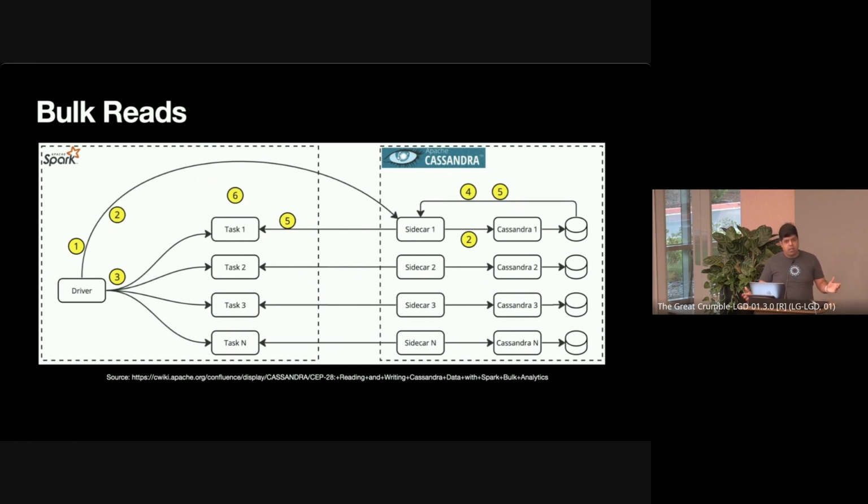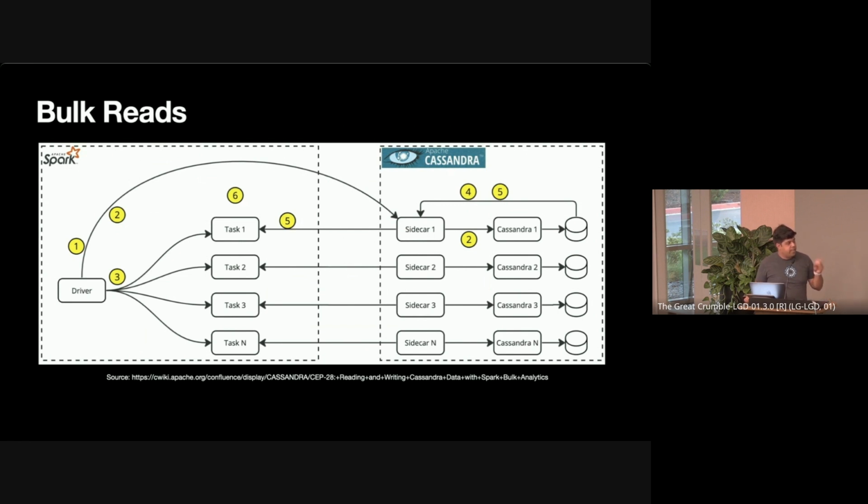When the Spark driver starts up and you want to read a bunch of data, you configure a few things, and the driver retrieves the topology of the cluster and figures out, okay, I need to throw maybe 5 tasks or 100 tasks at the problem, depending on the amount of data that you are going to pull out.